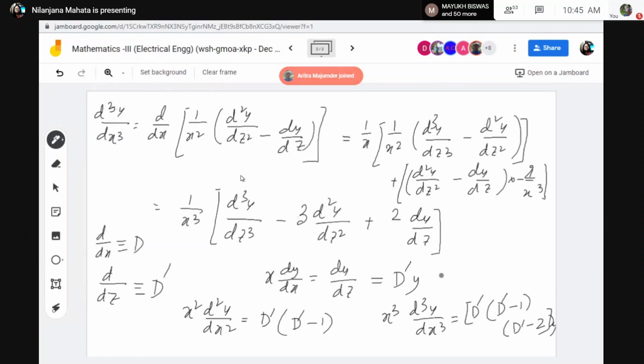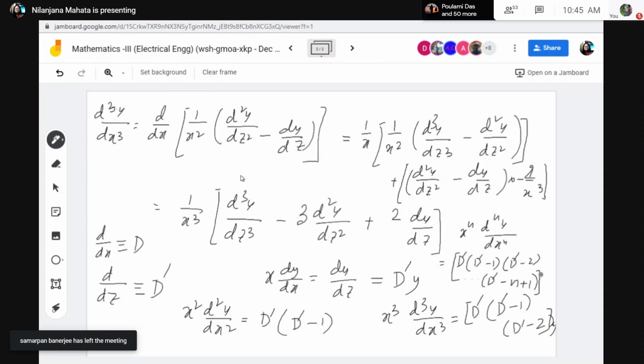So I can write x to the power n d^n y/dx^n as d dash, d dash minus 1, d dash minus 2. What will be the last term for n? d dash minus n plus 1, operated on y.